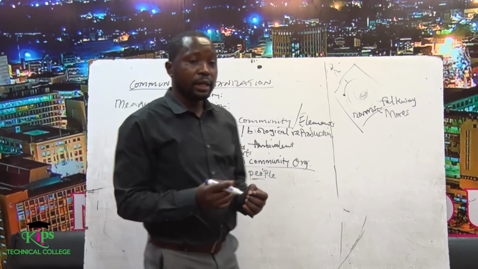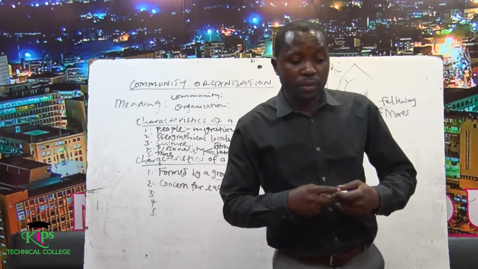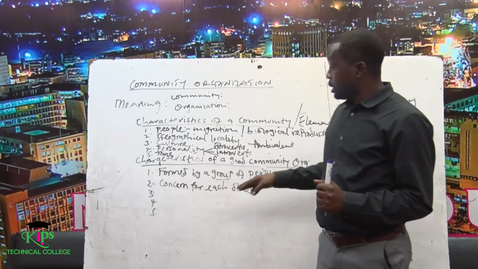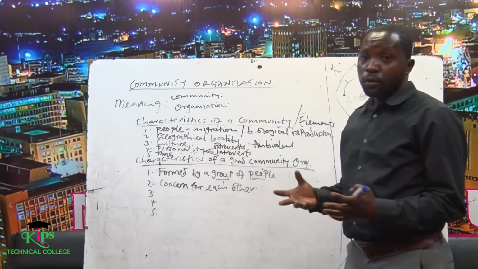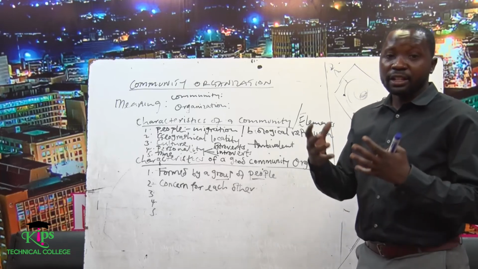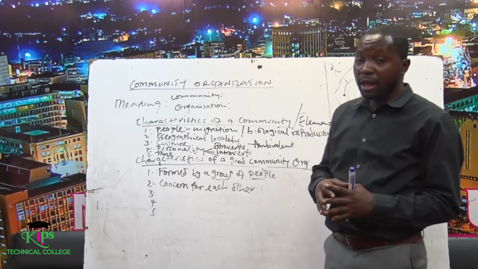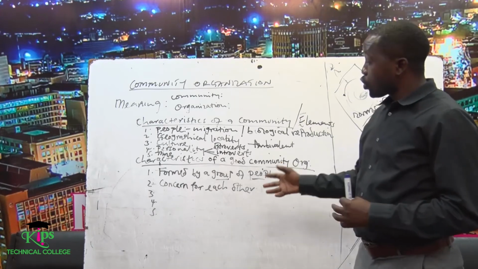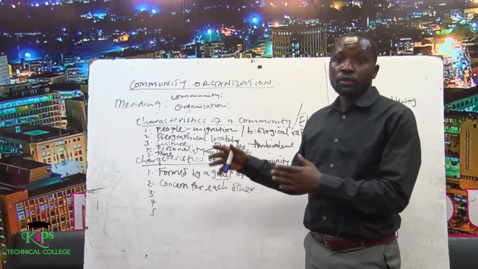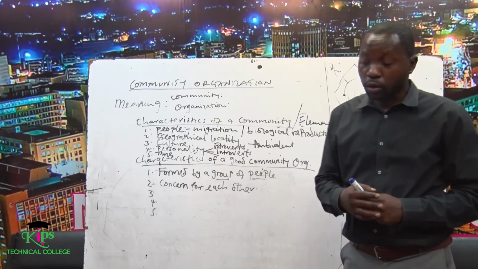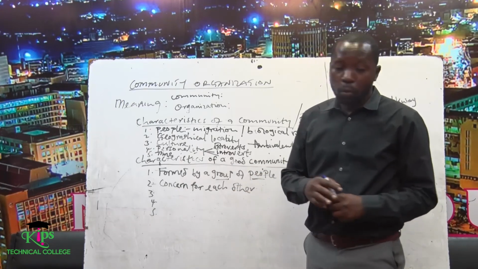So that is the second characteristic of a community organization. This means that they care for one another. They have that genuine concern for each other, and they also identify themselves as part of that particular community or part of that particular group.